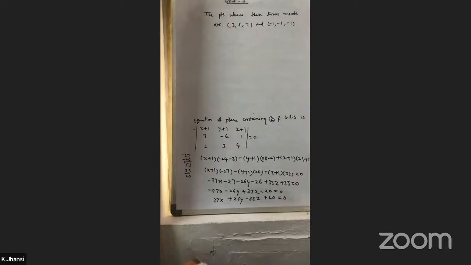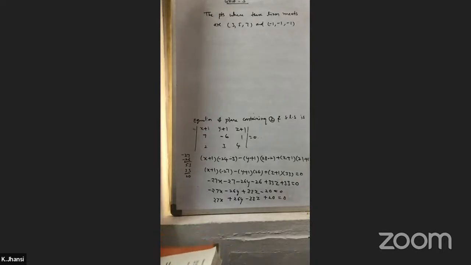The points are given on page number 140. First, if the delta value is 0 and delta 1, delta 2, delta 3 are also 0, then the 3 planes intersect in a line.